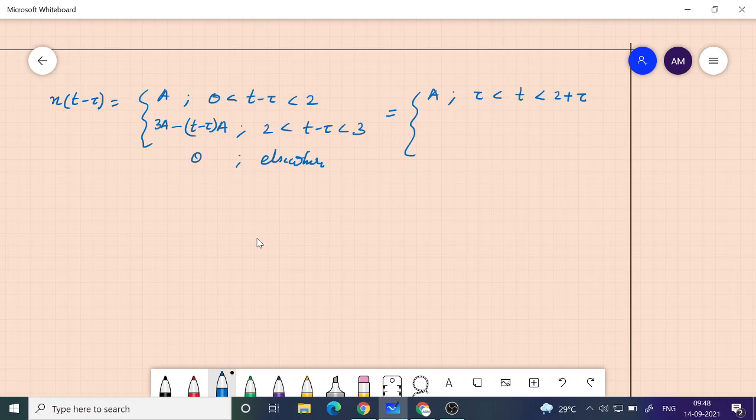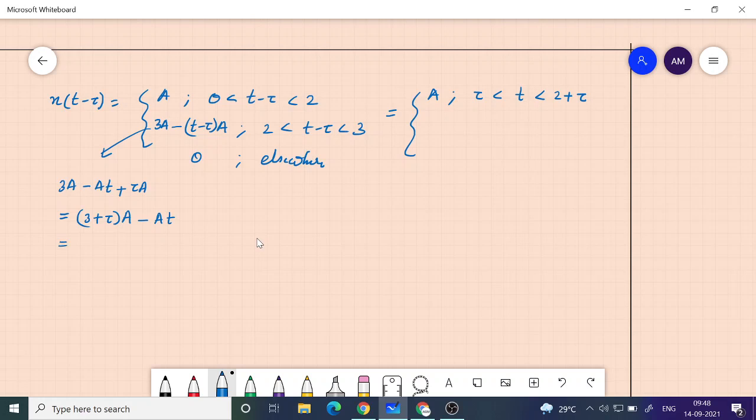So if you expand this expression a little bit, you have 3a minus a t plus tau a. This is the only term which has the variable t now, and the other things you can combine. So this is 3 plus tau a minus a t.